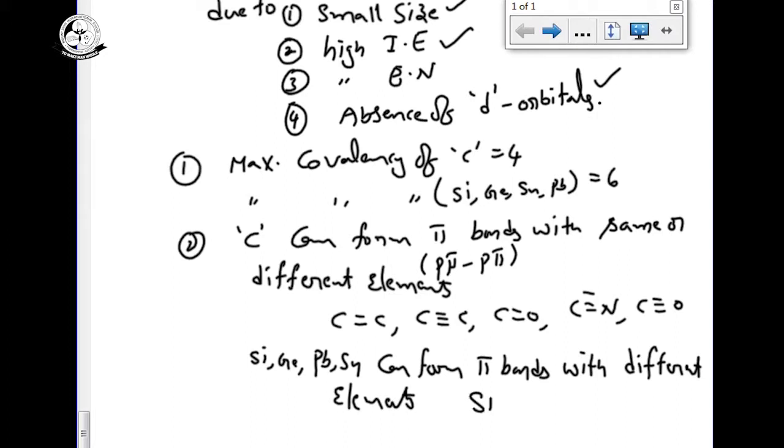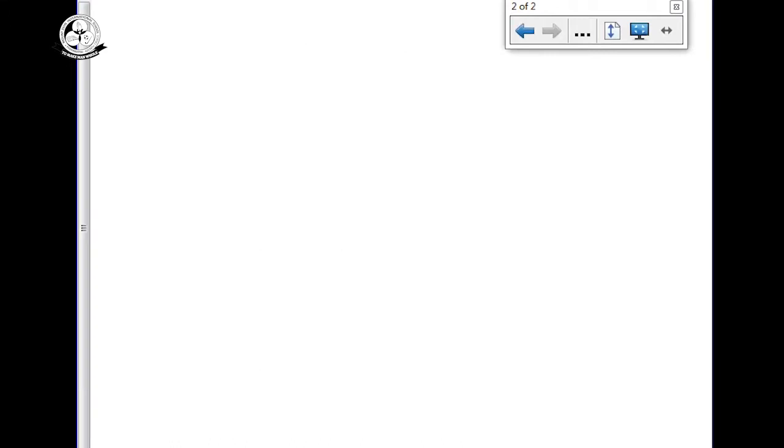Silicon can form multiple bonds with oxygen, and in lead oxide we are seeing lead form a multiple bond with oxygen, but here the bond is a p pi d pi bond. Carbon can form p pi bonds, but the rest of the elements can form the p pi d pi multiple bonds.